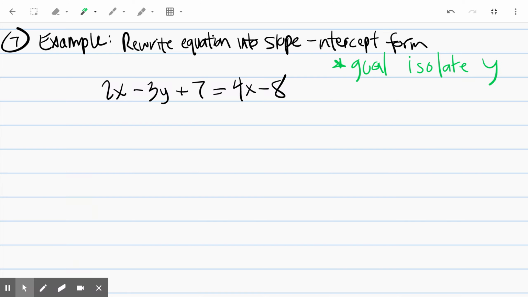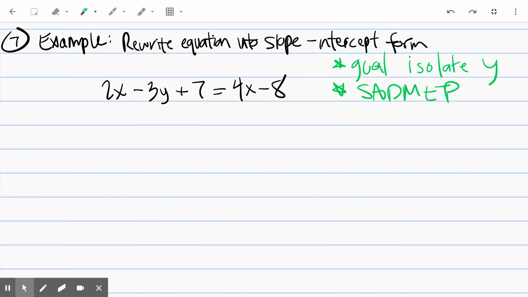Okay, so again, we're going to be using SADMEP, or PEMDAS backwards. My kids like to call it SADMEP. So we're going to look at what's happening to y. I'm going to first read this lovely equation out loud. 2 times x, so we have multiplication here.